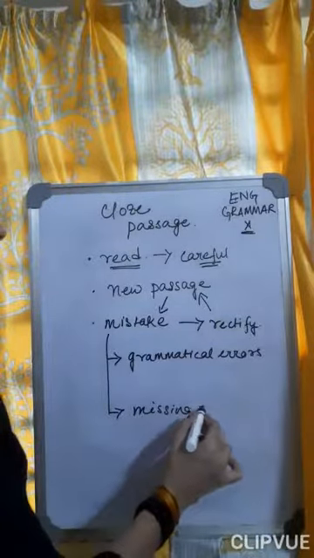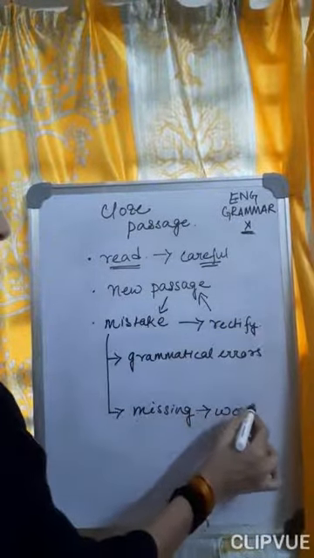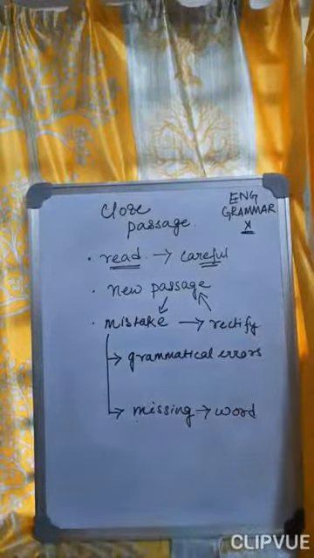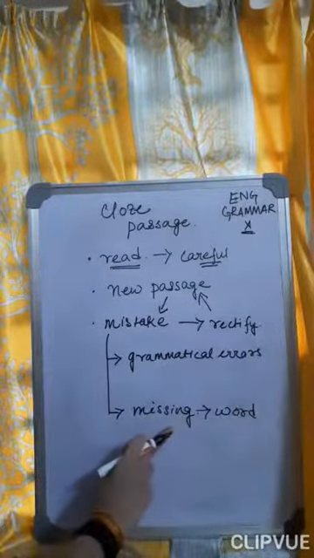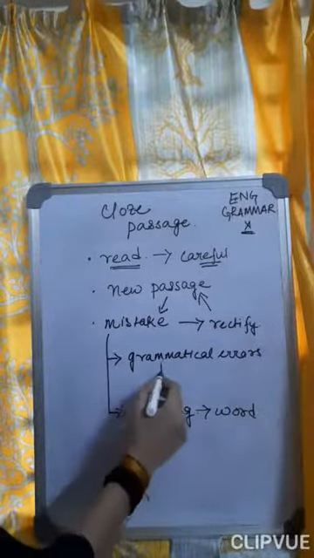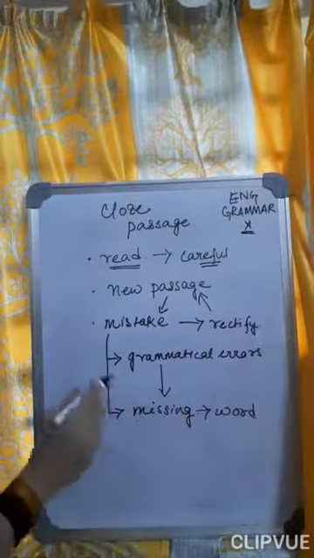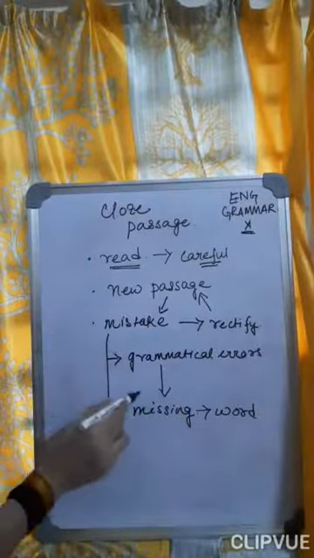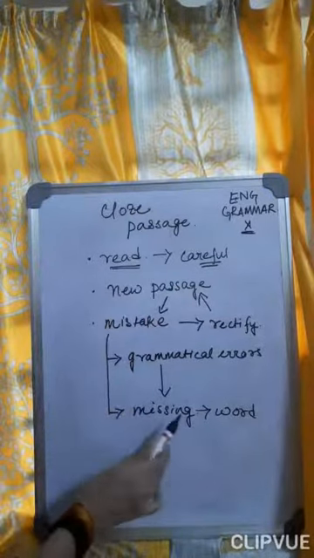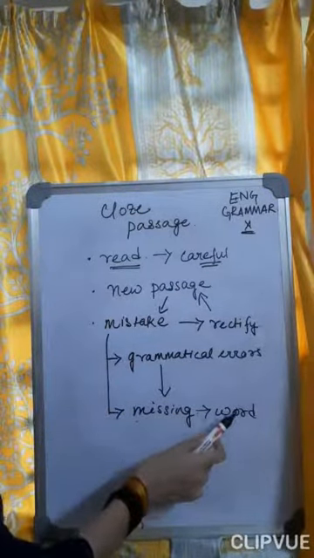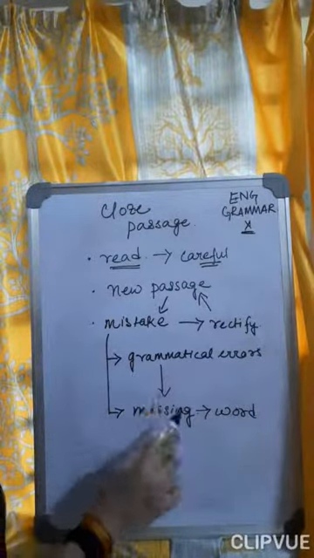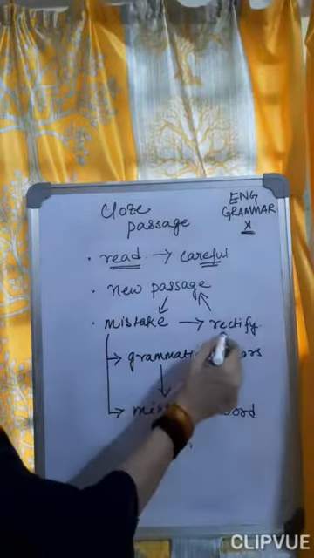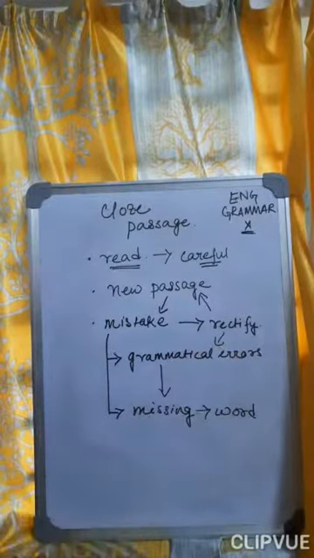There is a certain word missing in that passage. When a word is missing in the passage, it results in grammatical errors. So the mistake you are going to have in your cloze passage is the missing of a certain word which will create a grammatical error. And what you have to do about this thing? You have to rectify. Okay.